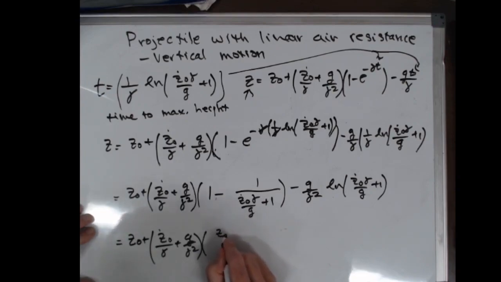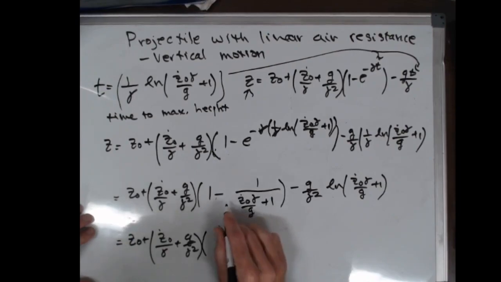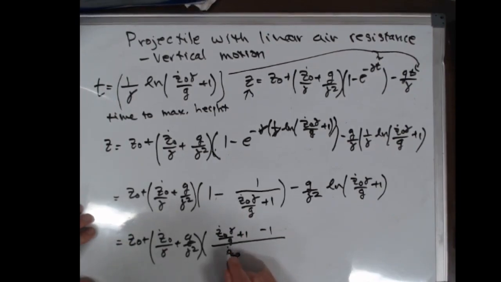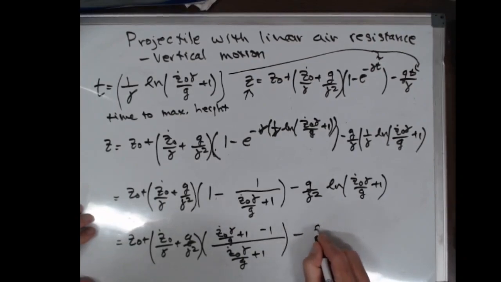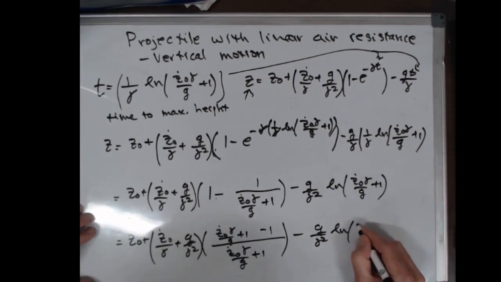So this is z naught dot gamma over g plus 1 minus 1 over z naught dot gamma over g plus 1, minus g over gamma squared times the log term, z dot gamma over g plus 1.